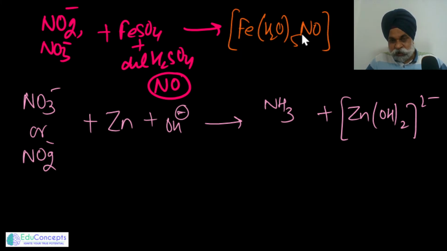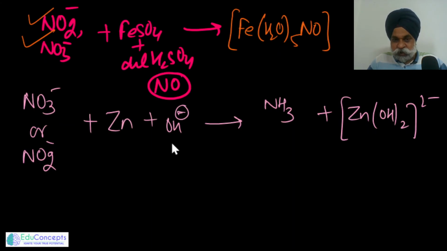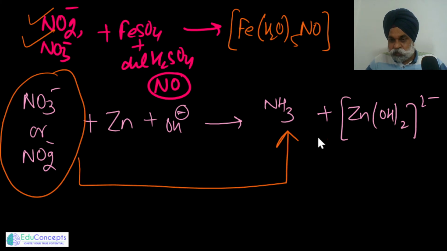So the point here is that this brown color can be produced from these two. And the second part of the statement, which we have already spoken about, is that salt X on reduction with zinc, this is very important, zinc is a reducing agent. And I said categorically last time also, zinc when treated with OH negative reduces nitrate and nitrite to ammonia, and ammonia then reacts with the Nessler reagent.